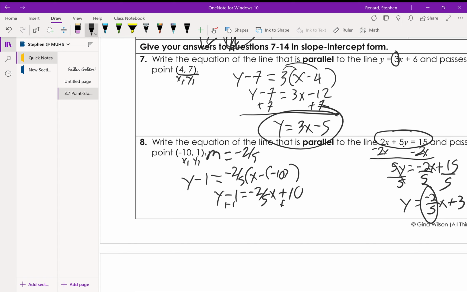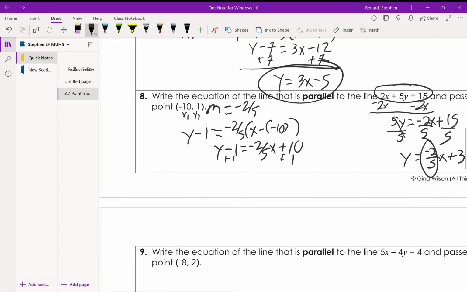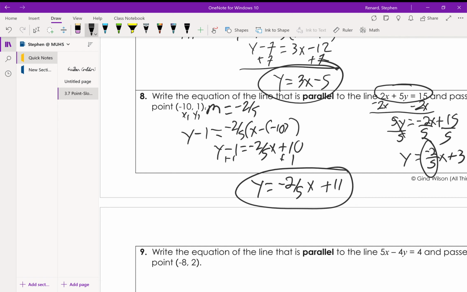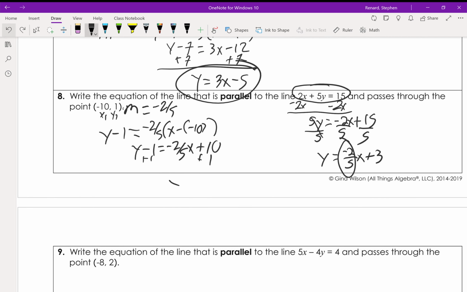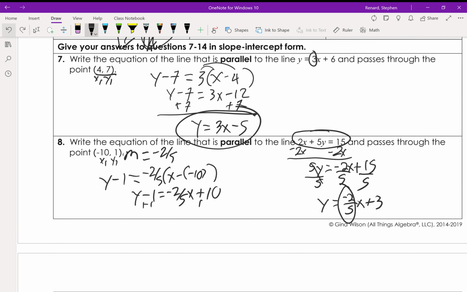Add 1 to both sides, and we end up with y equals negative 2/5 x plus 11. That's not right at all. I did a boo-boo.